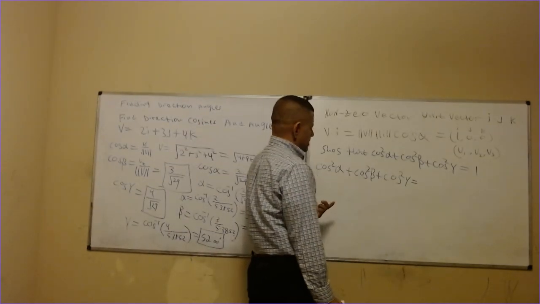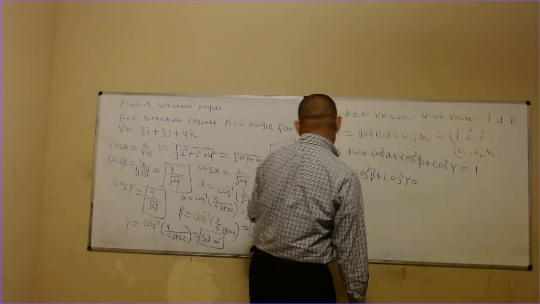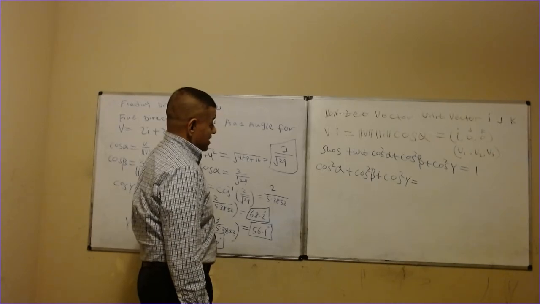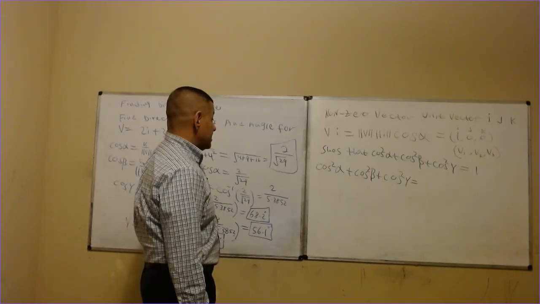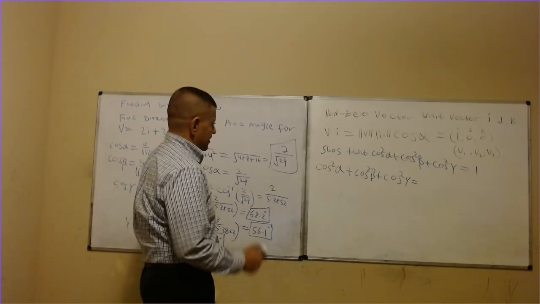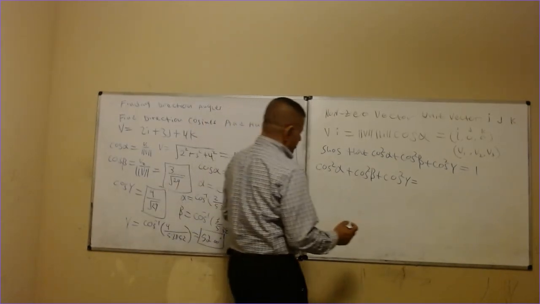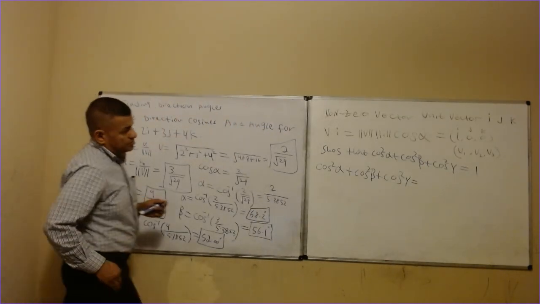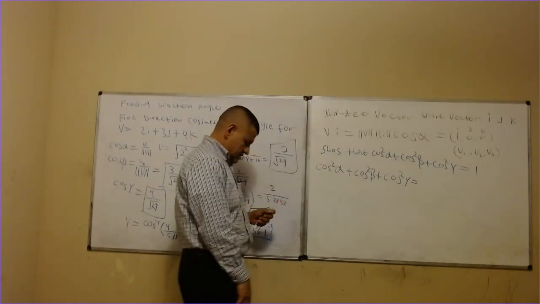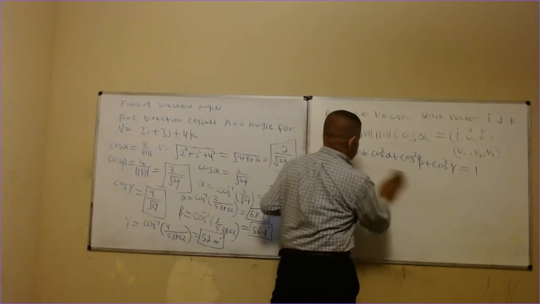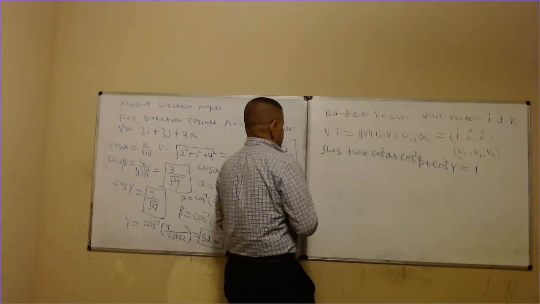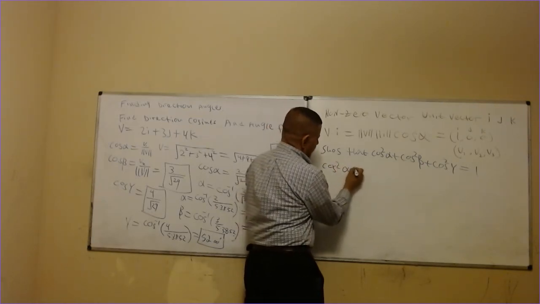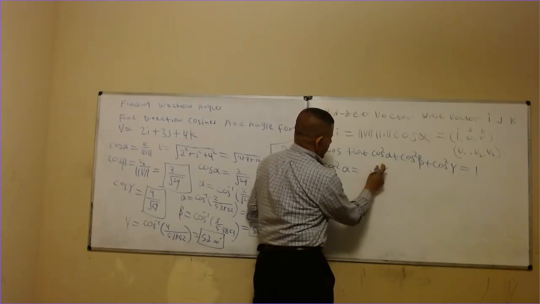So basically, we gotta be careful here because I need to square every single one of them, right? Let me just erase this part. So what I will do is find individually the cosine squared of alpha.